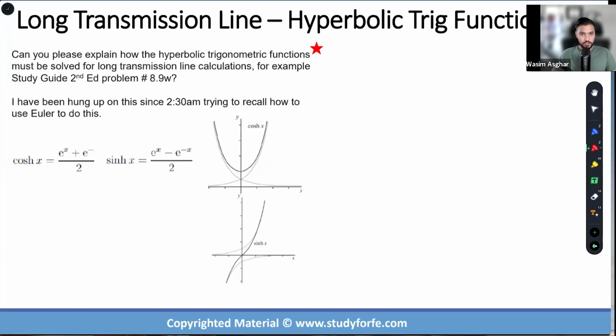All right, so let's use a mathematical approach to handle hyperbolic trig functions, not only for real numbers, but also for imaginary numbers. My take is that I'm pretty sure the TI-36 is able to do this for you, but I want you to be comfortable calculating this by hand.